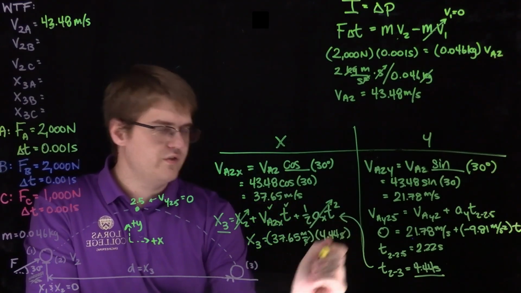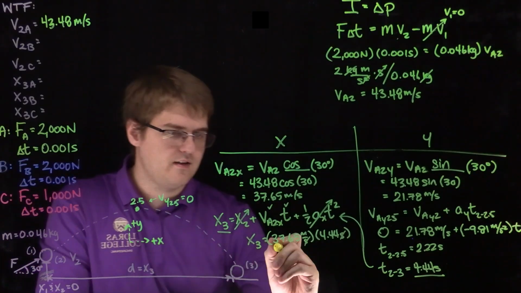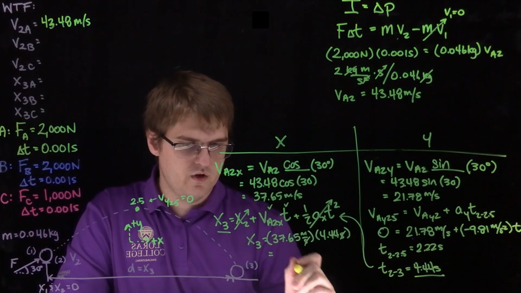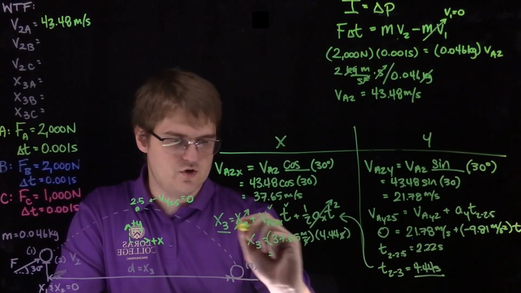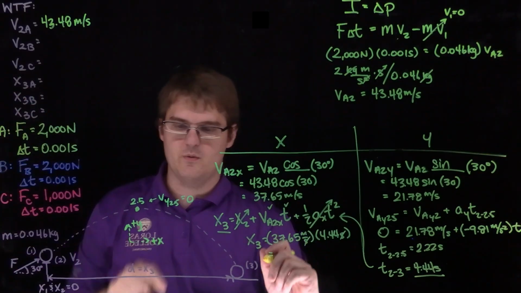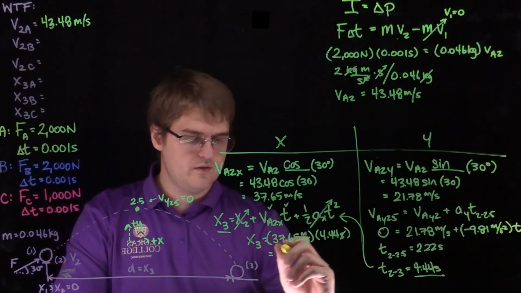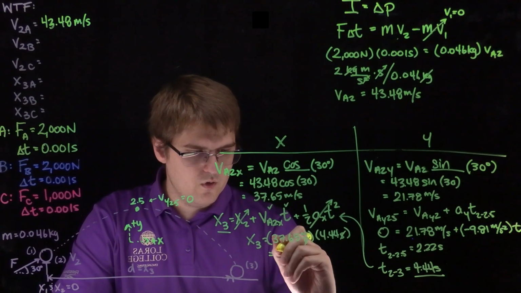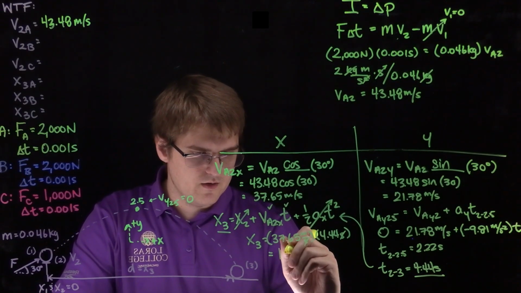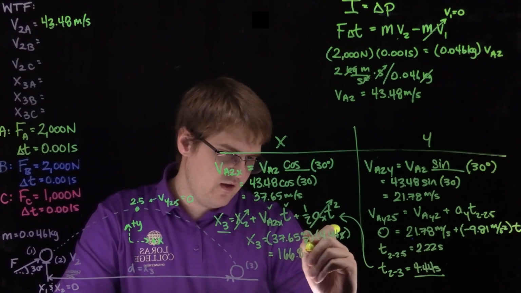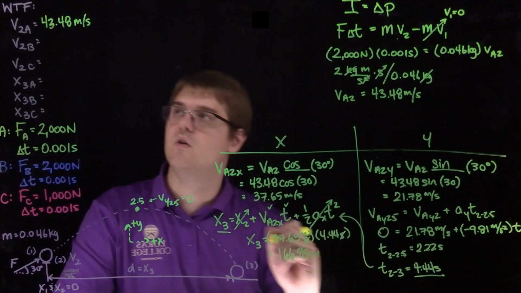Seconds and 1 over seconds cancel, and I get a distance that it travels. So this is x3a, the one we're solving for. That is going to give me a total value of 166.88 meters.